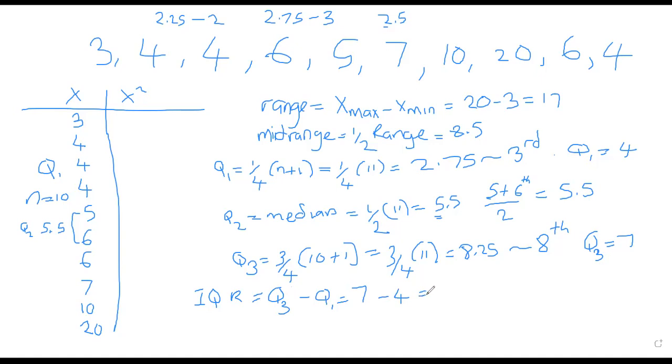So we get a 3. This is called the interquartile range. And half of the interquartile range is called the quartile deviation, or semi-quartile deviation, SQR. So half of the 3, we're going to get 1.5.